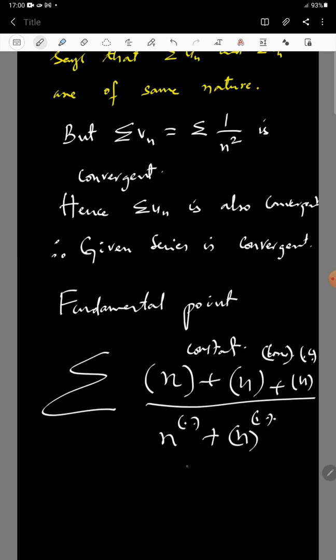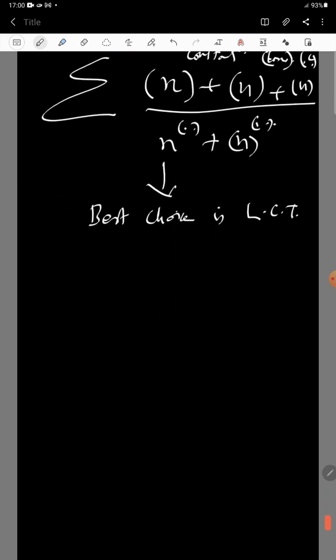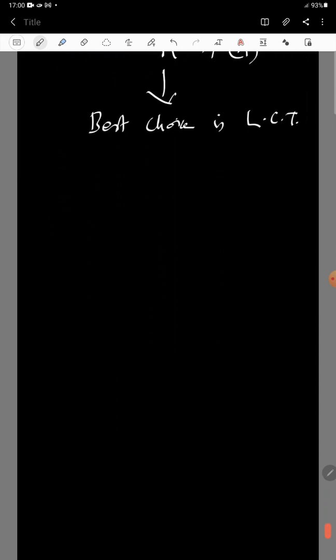If this is the situation, then the best choice is limit comparison test. In some situations we will be preparing Vn by ourselves. Let's do one more problem.